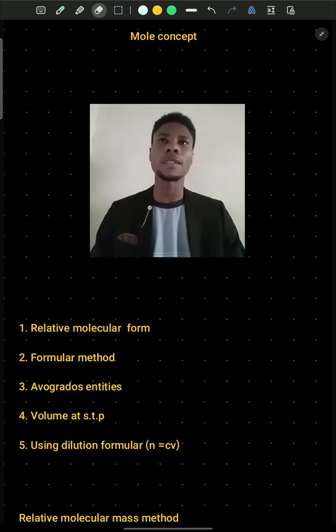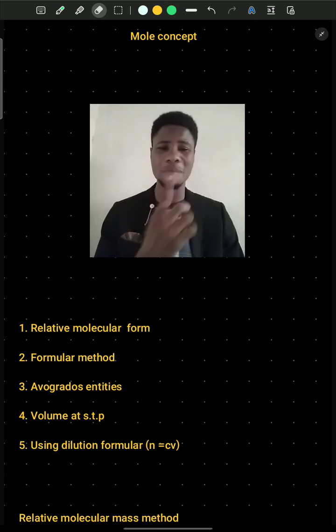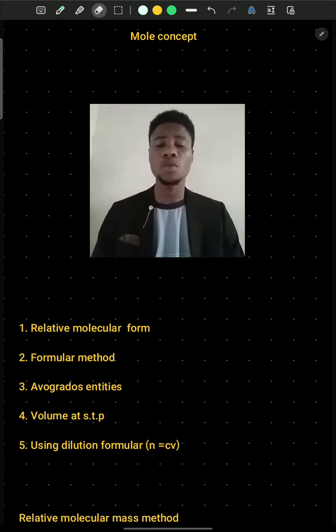He thought about it: if we have non-living things, if we have living things, everything in the whole world must have something in common. And for the first time, this scientist was able to connect everything in the whole universe. He stated that one mole of any substance should have something in common, and that is what we call the Avogadro's number. So from Avogadro's mentality, one mole of any substance should be equal to the Avogadro's number, and that's what we are going to be looking at.